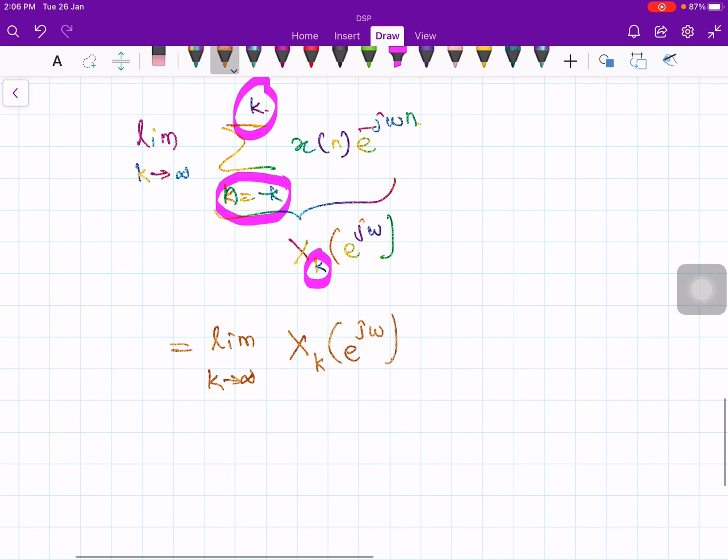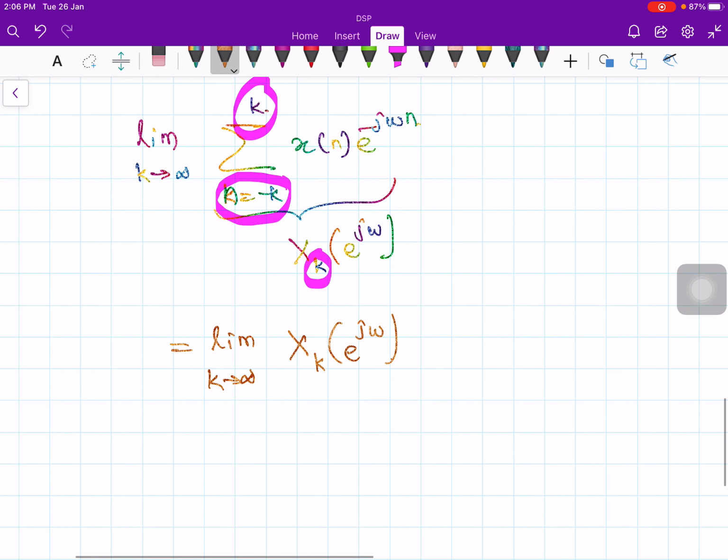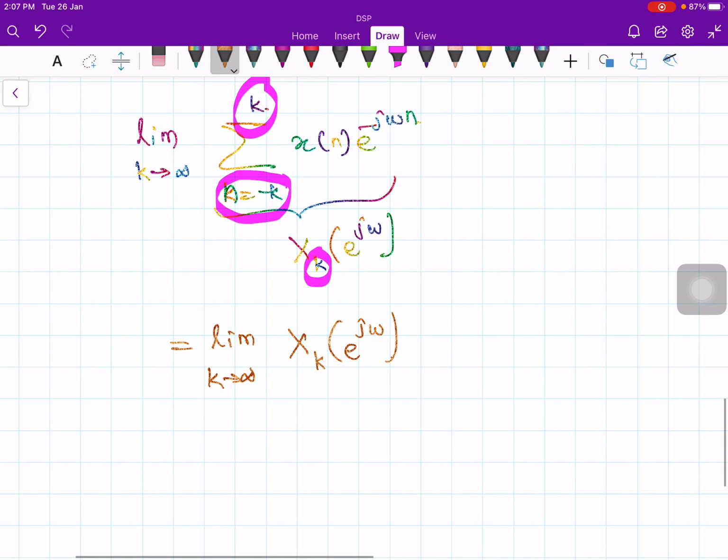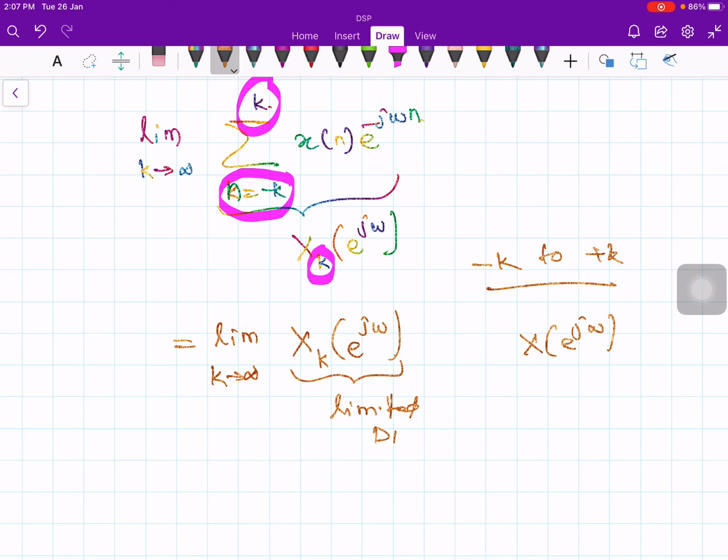Now I did not include the samples right from minus infinity to plus infinity. I have considered the samples from minus k to plus k. So if you take the difference between the actual DTFT and this limited DTFT, then you will get the error.